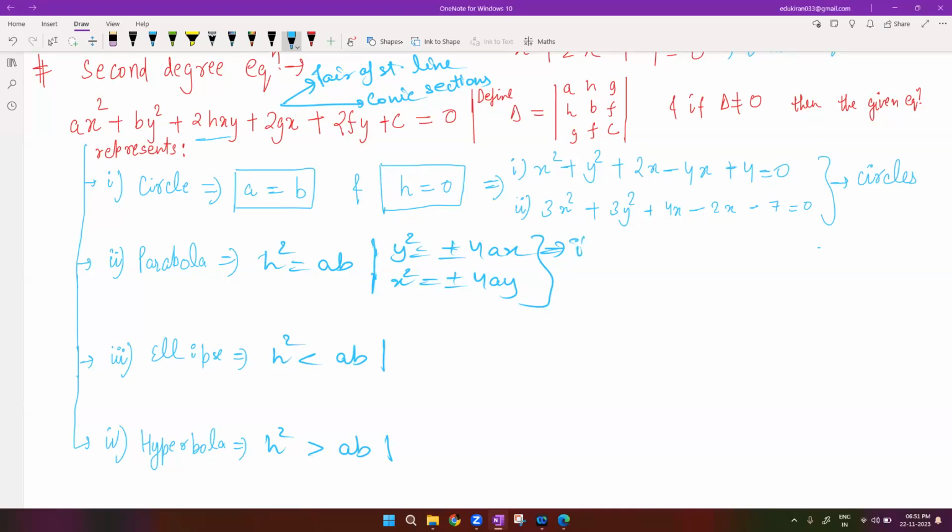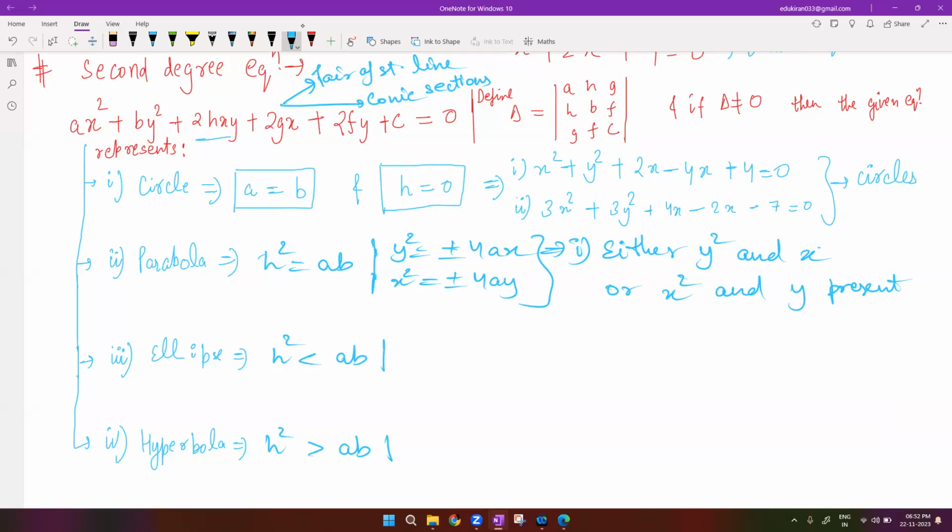So if y square is present, then the terms including x and a constant can be there.